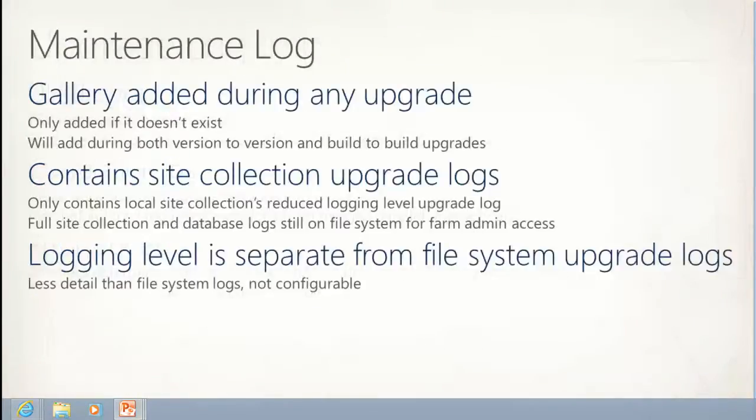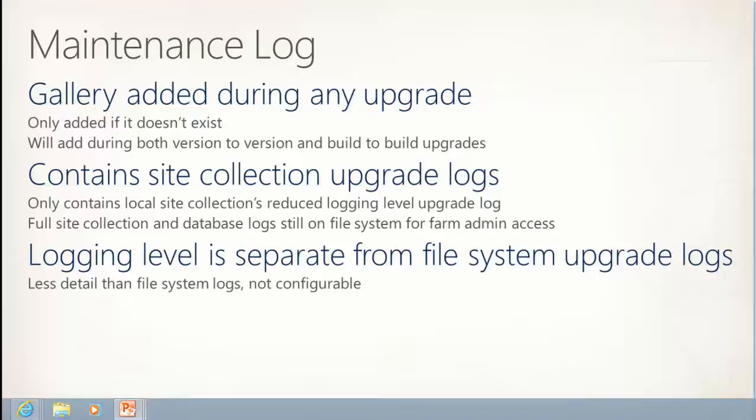Already showed the maintenance log, but there's this new gallery that's created automatically whenever you do a build-to-build or a site collection upgrade for version to version. It creates this new gallery in the site collection. If it's missing, it recreates it. And then it puts in this log, the site collection upgrade log, whether it's a build-to-build or a version-to-version upgrade. But it's basically deep into the system.